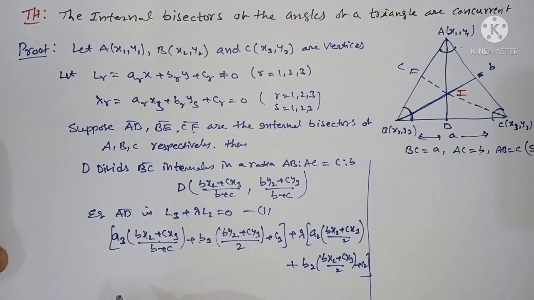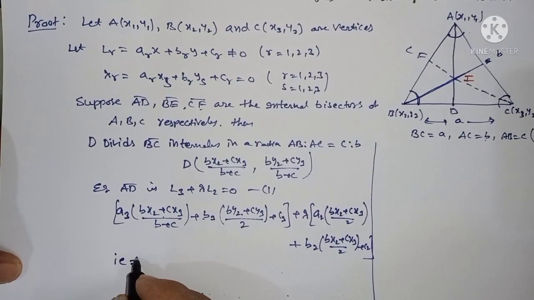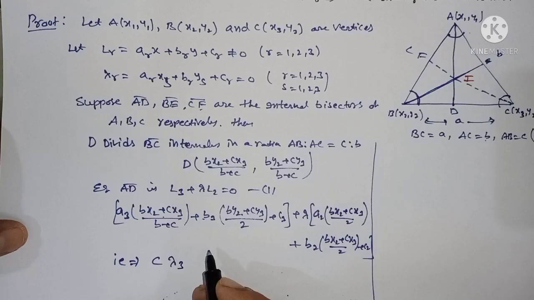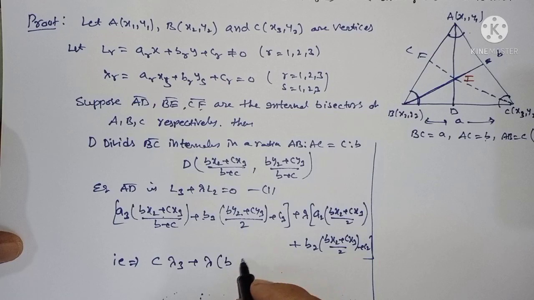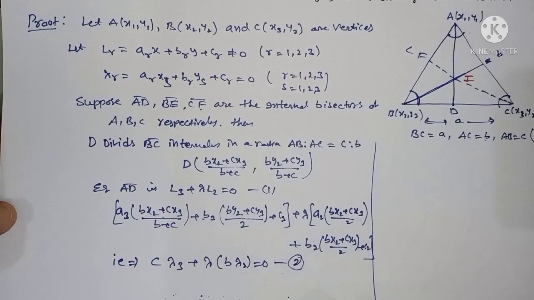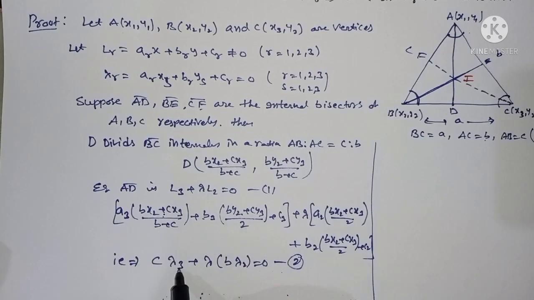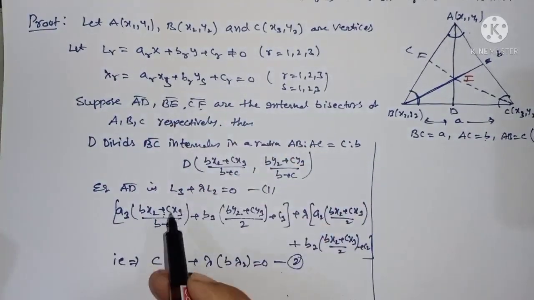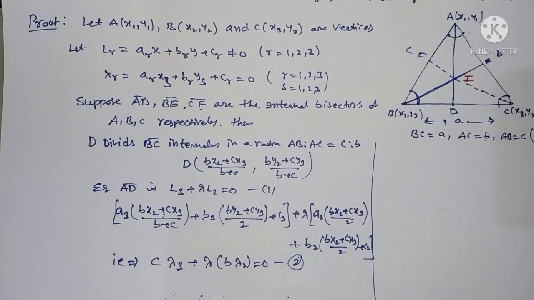Therefore, after simplification, don't worry, you can write directly: c lambda 3 plus b lambda 2 is equal to 0. This is the second equation. You can call the first one equation number 1.